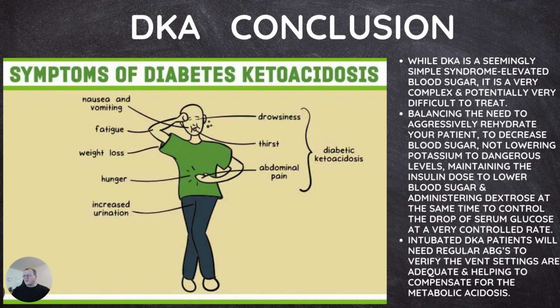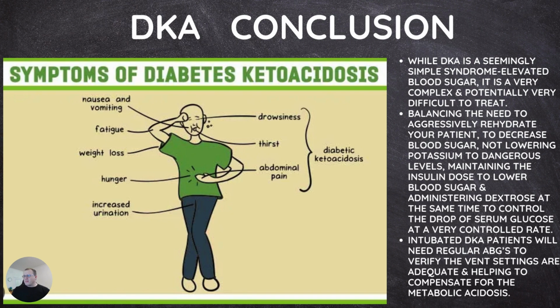In conclusion, DKA is seemingly simple, but at the same time can be complex and a little bit of a delicate thing to manage. You want to do things just right. And I've often said to my wife, I love playing with this human chemistry set to try to make things work right.